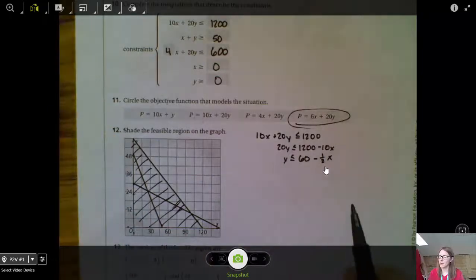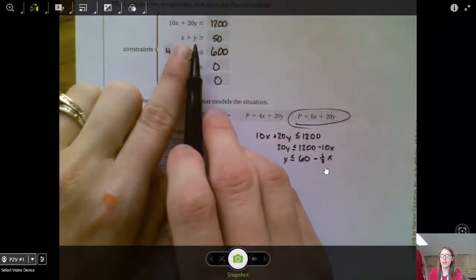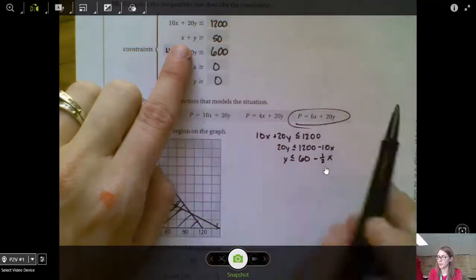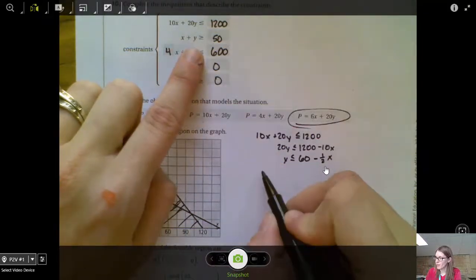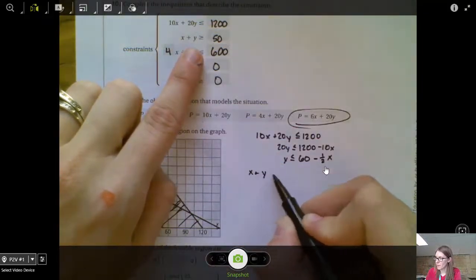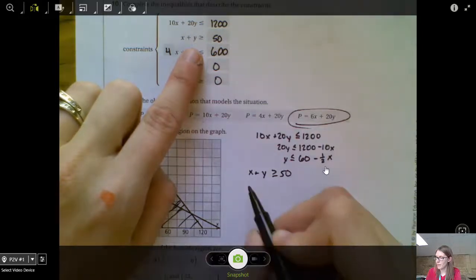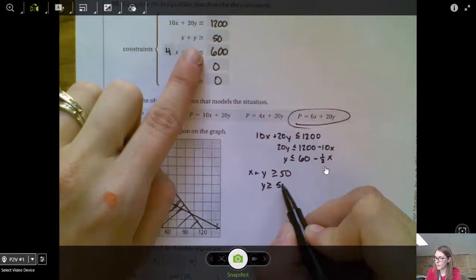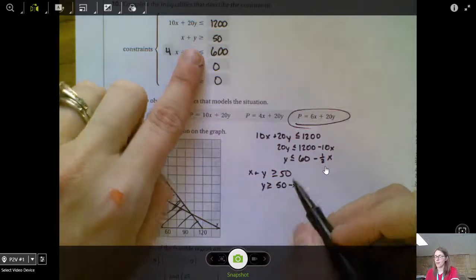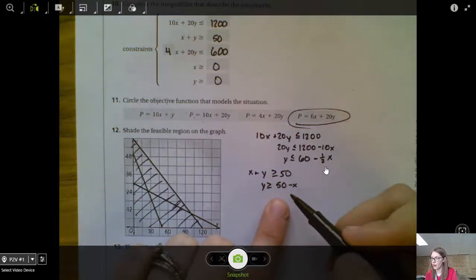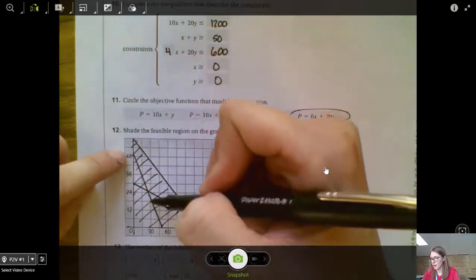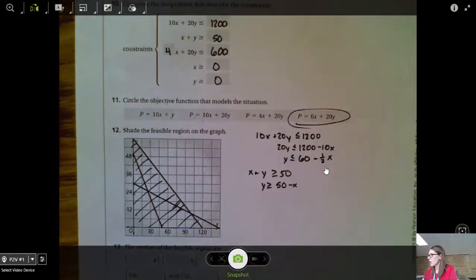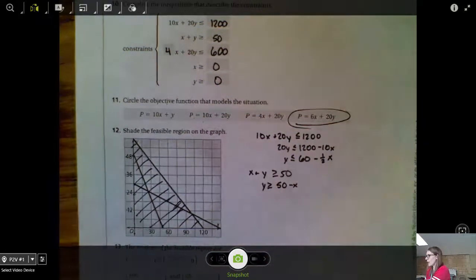We're going to go through that same process again with my next inequality. X plus y is greater than or equal to 50. Get y by itself. Y is greater than or equal to 50 minus x. Okay, that line is right here. So I'll use a different color. Greater than or equal to, shade above that.